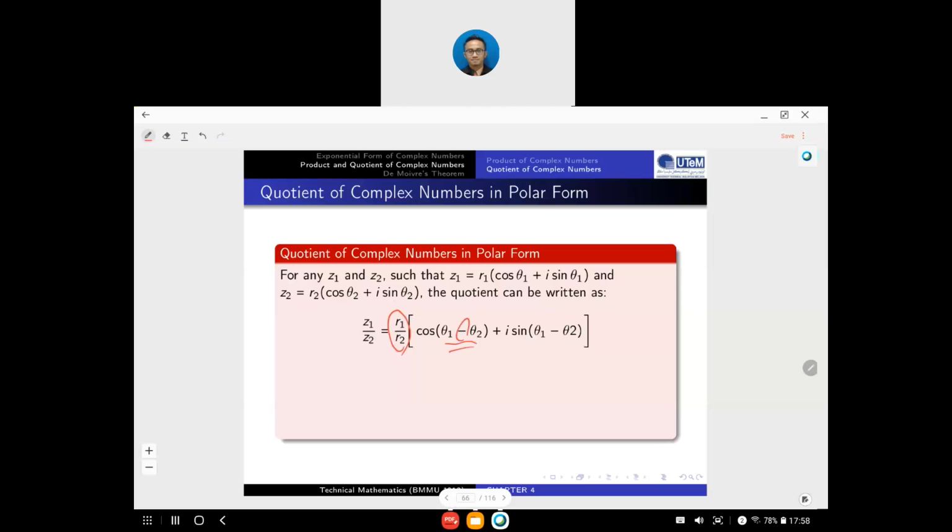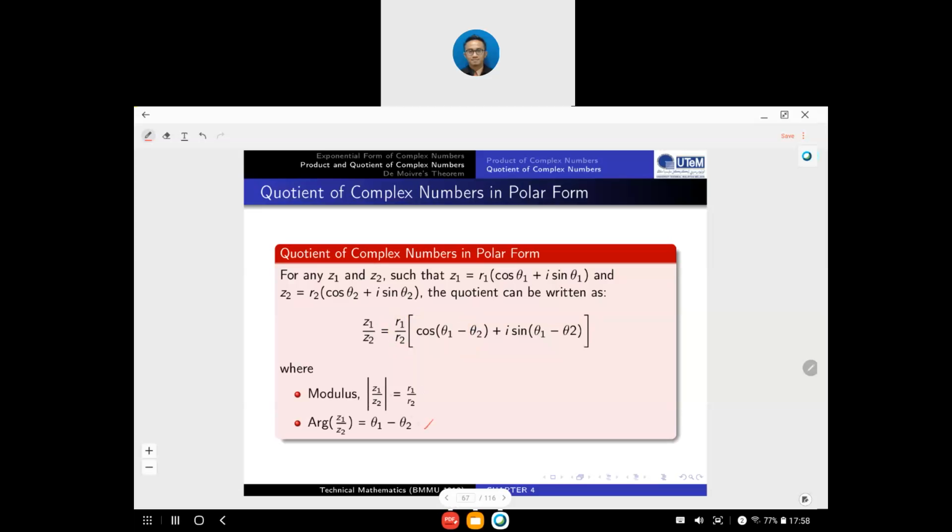Either one, you can choose whether it is in radian mode or degree mode. Whereby your modulus equals R1 over R2 and then your argument equals theta 1 minus theta 2.